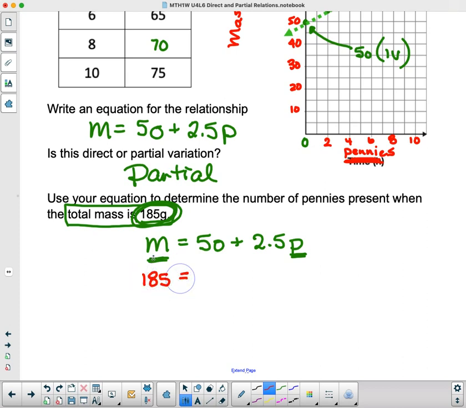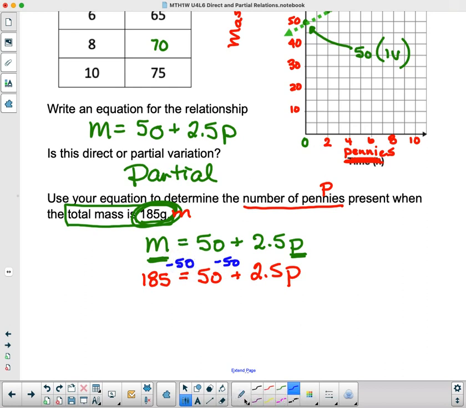So we have to put it in for the M. And we're going to solve for the number of pennies because that's what it says. Determine the number of pennies. So it's asking us for P and it gave us M. 185 equals 50 plus 2.5 P. So now let's solve it. We're going to have to use our algebra methods from the last unit. So we're going to subtract 50 on both sides.